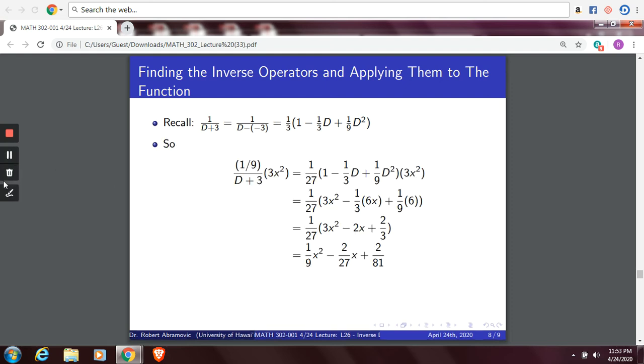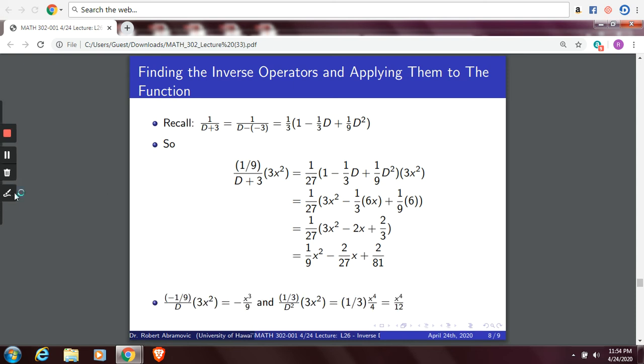When you apply it to 3x squared, go through that calculation. You can check this on your own. What you end up with is 1/9 x squared minus 2/27 x plus 2/81. And as we said here, negative 1/9 over D applied to 3x squared is just the same as anti-differentiating.